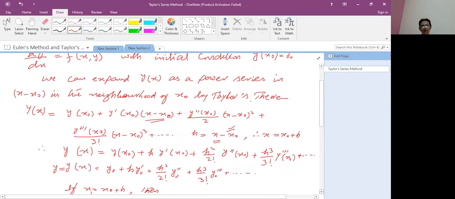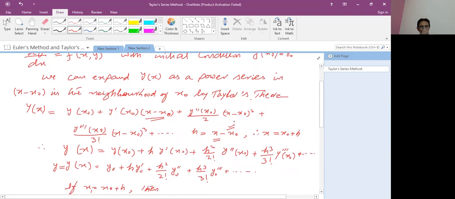So student, when we put x minus x naught as h, the Taylor series equation takes this form: y is equal to y of x naught plus h times y prime of x naught plus h square upon 2 factorial y double prime of x naught plus h cube over 3 factorial y triple prime of x naught, and so on.